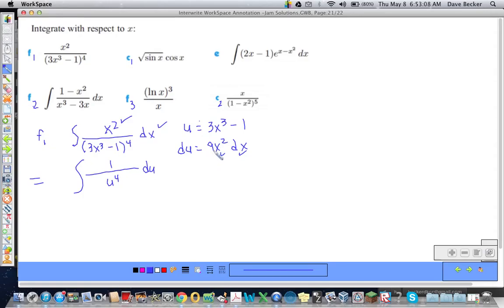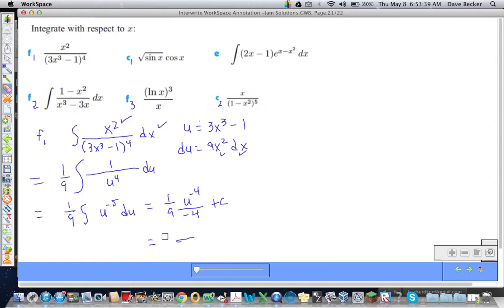To make this coefficient 1, I need to multiply by the reciprocal of 9, which is 1/9. So then this would be 1/9 the integral of u to the negative 5 du, which equals 1/9 u to the negative 4 over negative 4 plus c, which is equal to negative 4/9. Well, let's clean this up. Let me do that differently.